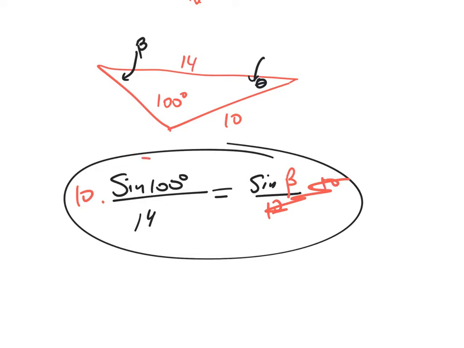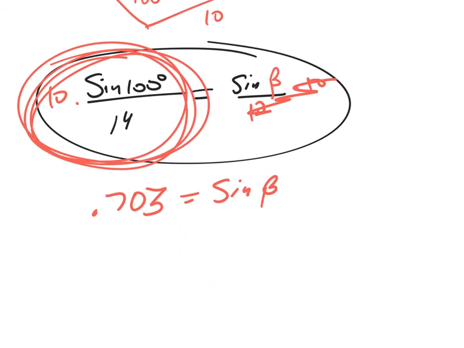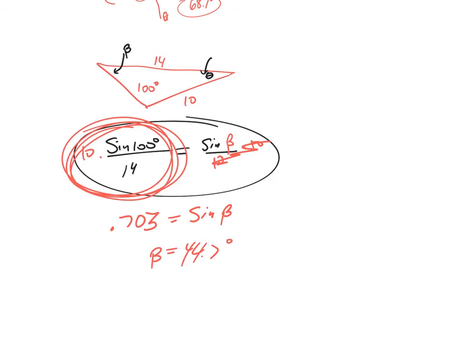Not the final answer, just this decimal here. 0.703. 0.703, okay, thank you. Equals sine beta. And then how do you finish? Inverse sine. Inverse sine, excellent. What'd you get? 44.703. 44.7 degrees. Raise your hand if yours would have rounded to 44.7.